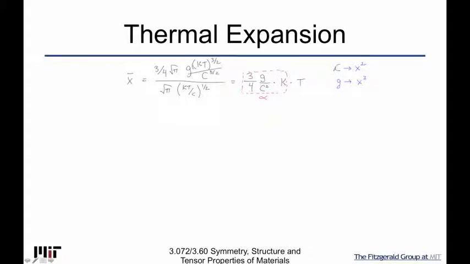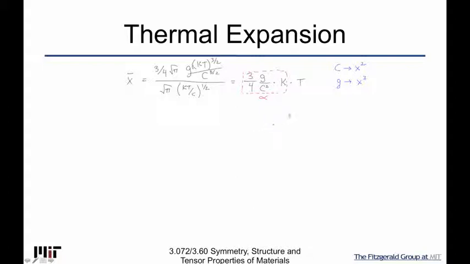The larger C, the stronger the bond. So the stronger the bond, the smaller the x bar for a given temperature. So if C becomes very large, this becomes a very tiny number, which means that as temperature increases, x bar doesn't increase that fast, right? So that makes sense, because if I have a very stiff material, very strong bonding, very deep potential well, which makes it sharp, C is large, right?